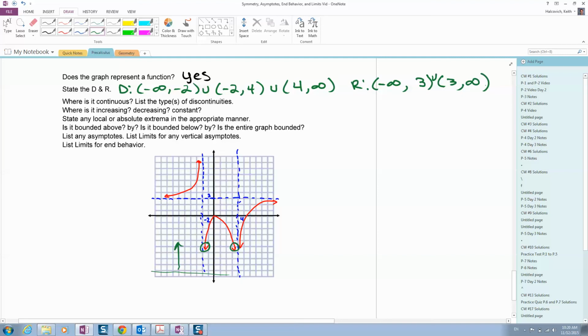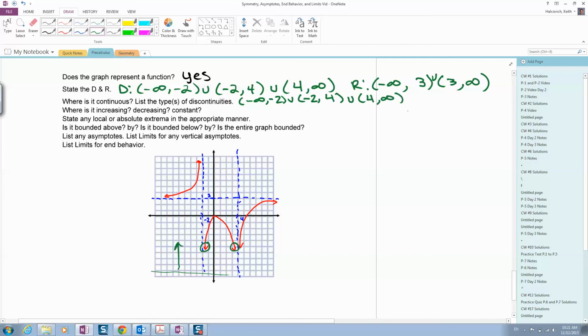Where is it continuous? Well, if you notice, it's continuous from negative infinity to negative 2, from negative 2 to 4, and from 4 to infinity, because remember, we're talking about x, not y. That's where it's continuous.